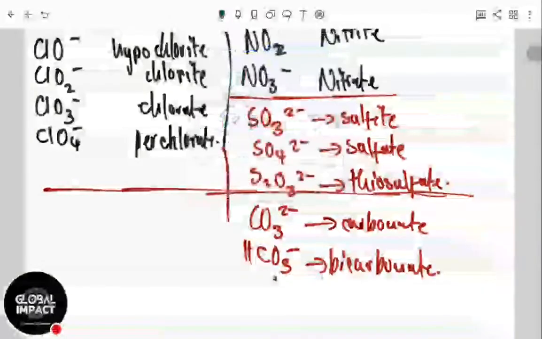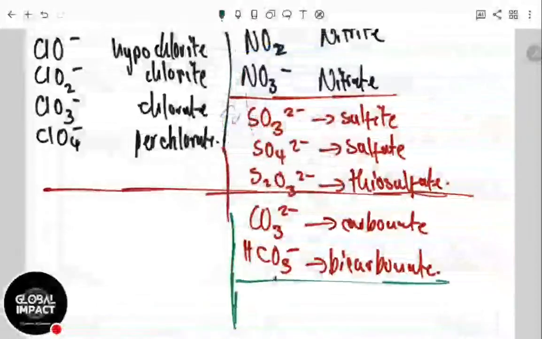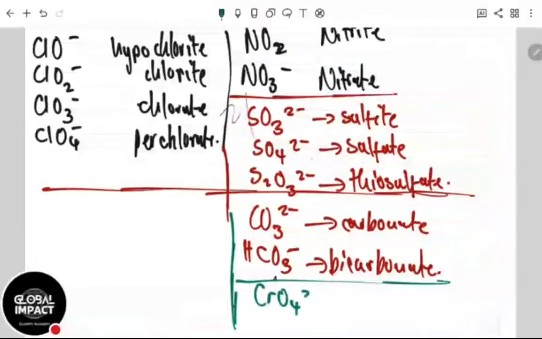That's where my mind ran to. So now I'm going to put chromium: CrO4 2 minus, then Cr2O7, again a 2 minus. If I have made a mistake on any, you check, we'll confirm at the end, and we are going to fix it. But this is what I know. This is what we have so far.